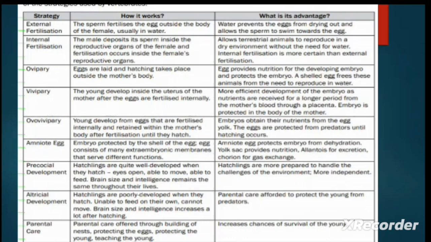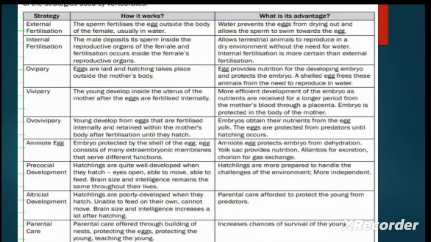If you see the word strategy, most of the time you're going to choose from oviparity, viviparity, ovoviviparity. Now, if they ask you about an egg, we learned about one egg in this topic, that is the amniote egg or amniotic egg. If they ask you about fertilization, we talked about two of them, external fertilization and internal fertilization. So if they ask you about development, it's precocial and altricial.